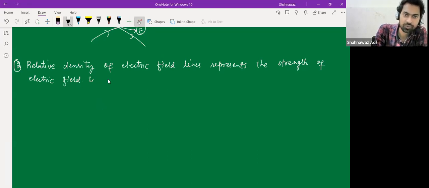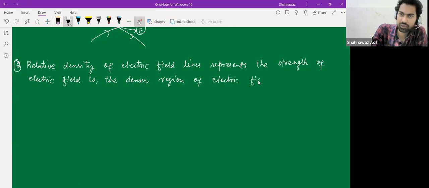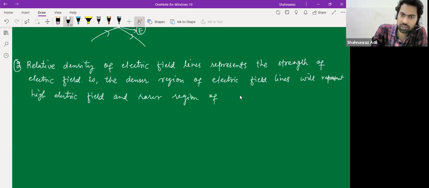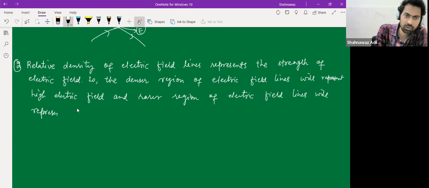So the denser region of electric field lines will represent high electric field, and the rarer region of electric field lines will represent low electric field.